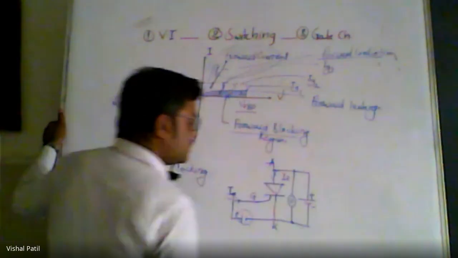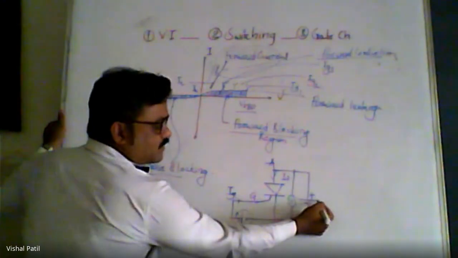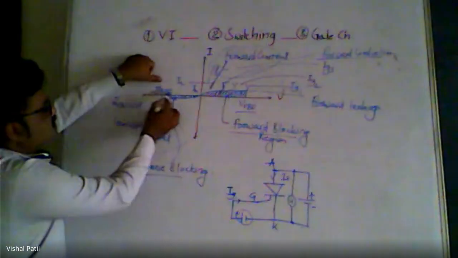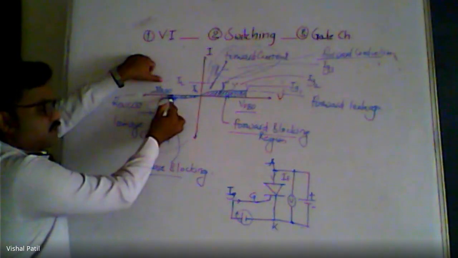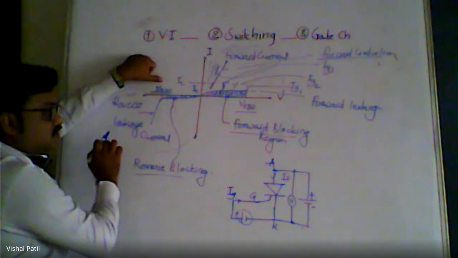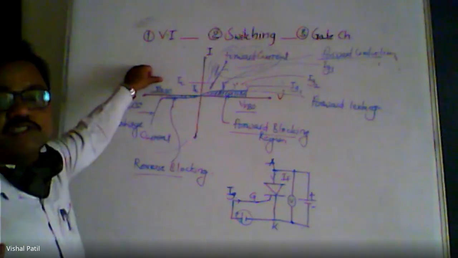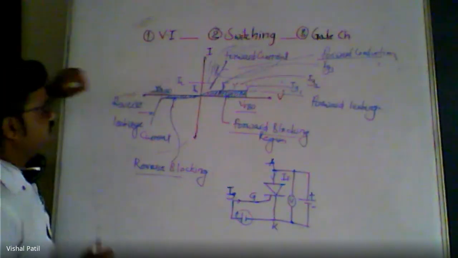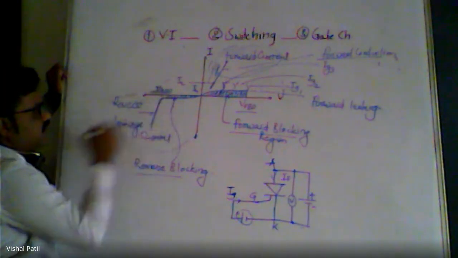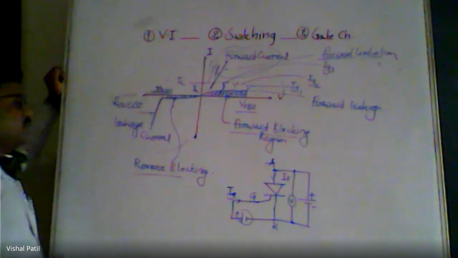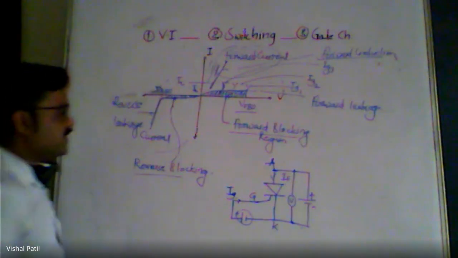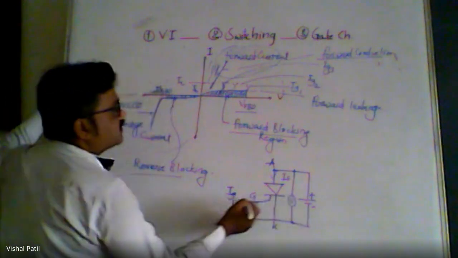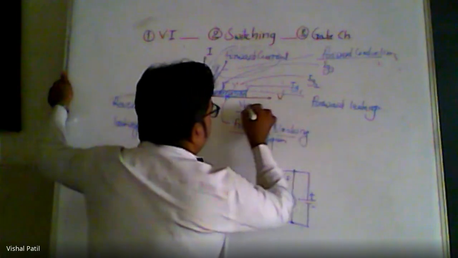Now if this voltage is negative, meaning reverse bias, we get the reverse breakdown voltage at a particular instant, because of which there is a breakdown of junctions, as we studied, and we get very high current. When it is positive voltage, we get the forward breakover voltage.